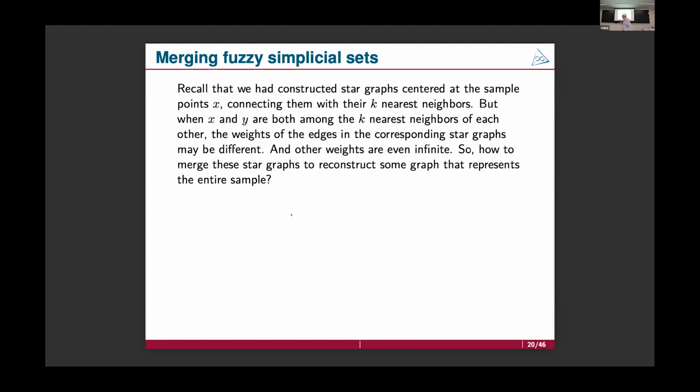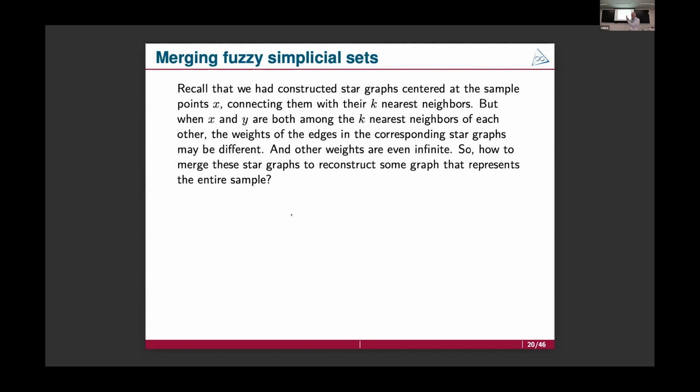You should realize that this k-nearest neighbor relation is not a symmetric relation. If y is among the k-nearest neighbors of x, that does not necessarily imply that x is among the k-nearest neighbors of y, because the distribution of the points is not necessarily uniform.